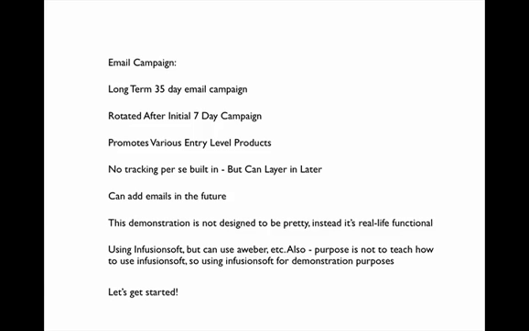The way this will work is it'll be rotated after an initial 7-day campaign. Imagine somebody buys product A for, let's say, a low-ticket affiliate price of $10. They then get a 7-day upsell campaign for maybe a $100 or $200 product related to whatever they initially purchased.